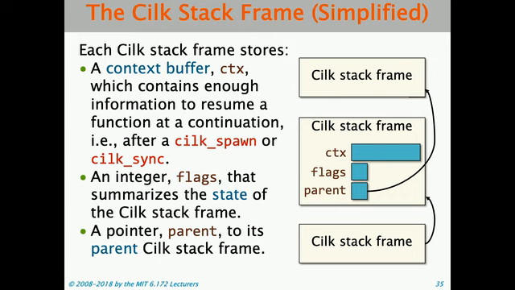There's an additional integer in the stack frame called flags, which will summarize the state of the Cilk stack frame. We'll see a little bit more about that later. And there's going to be a pointer to a parent Cilk stack frame that's somewhere above this Cilk RTS stack frame, somewhere in the call stack. So these Cilk RTS stack frames are the extra bit of state that the Cilk runtime system adds to the ordinary call stack.